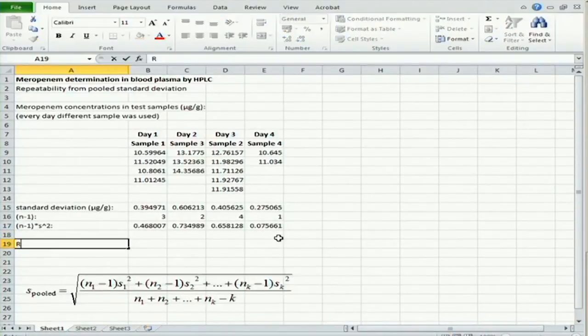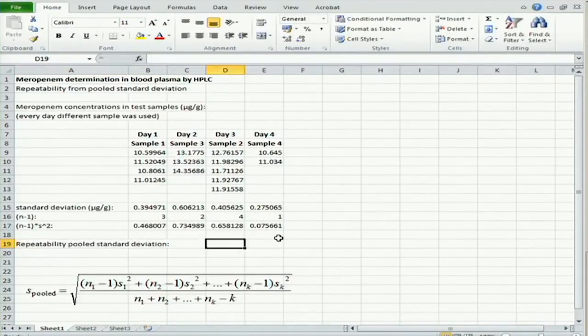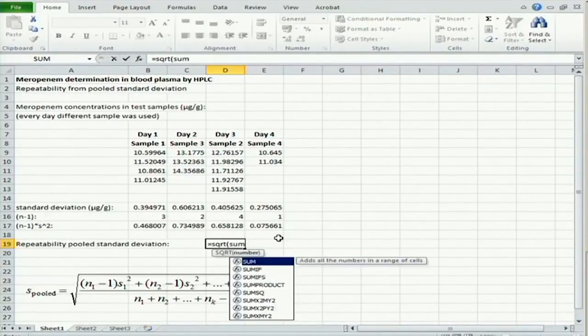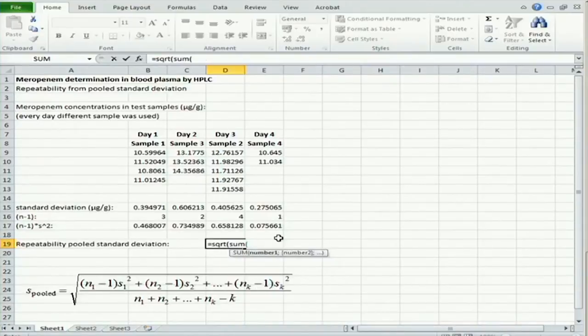So it's a repeatability pooled standard deviation and is equal to the square root, and it is now a ratio of two sums: the sum of these products here divided by the sum of all the n-1 values here.